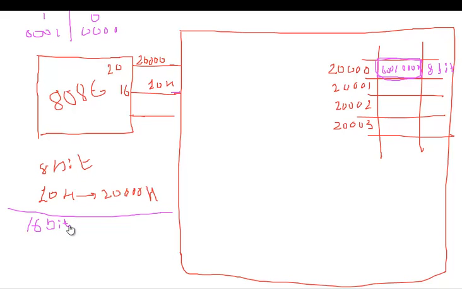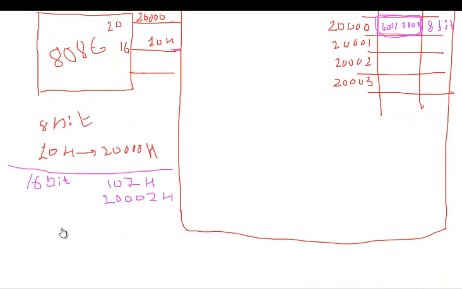This was about storing 8-bit data, but while storing 16-bit data, the method changes. Let us say that I want to store 107H into location 20,002. First, this 107 will get broken into two parts, that is lower byte and upper byte.